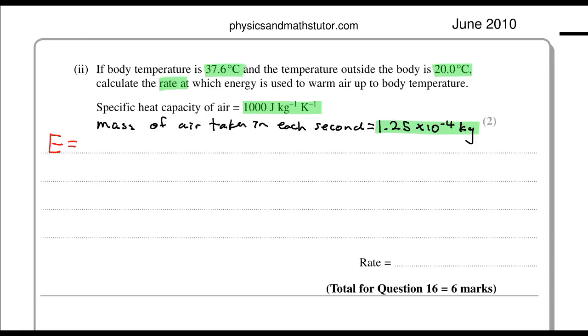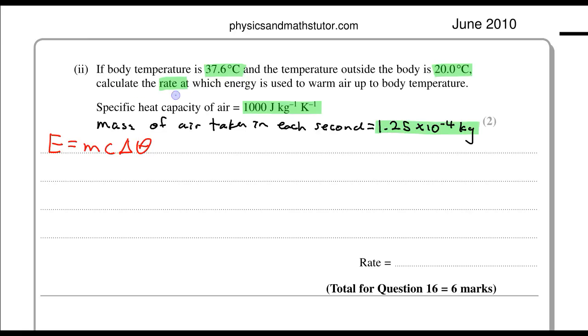The equation is E equals m c delta theta, where m is the mass of the substance, c is the specific heat capacity, and delta theta is the change in temperature. So this equation tells us the total energy to increase the temperature by a certain amount.